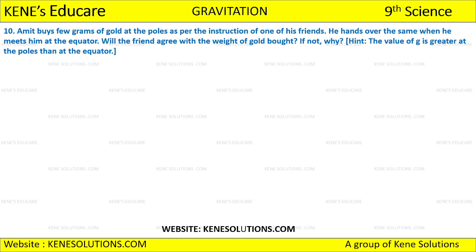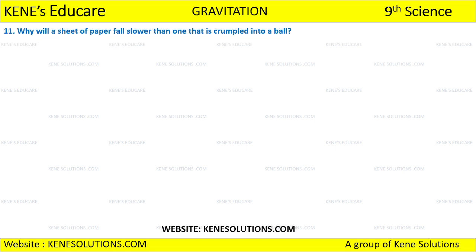Mass into acceleration due to gravity. The value of g is greater at the poles than at the equator, and therefore gold at the equator weighs less than at the pole. So Amit's friend will not agree with the weight of the gold bought because of the difference between the equator and the poles.